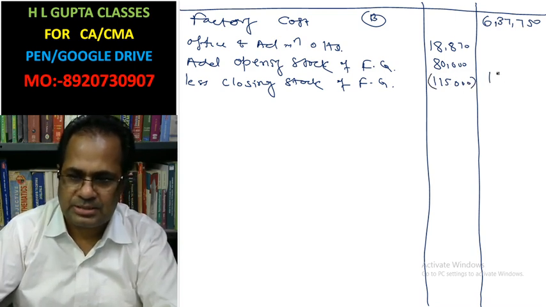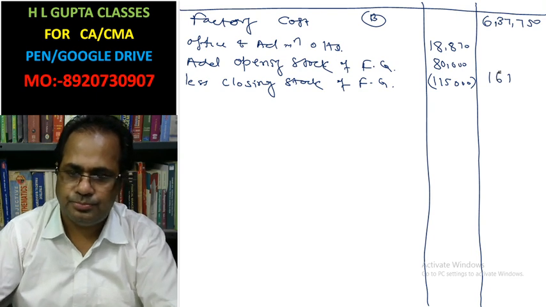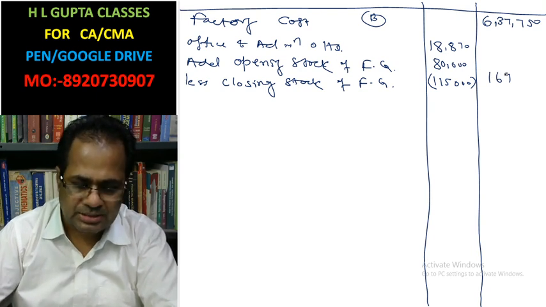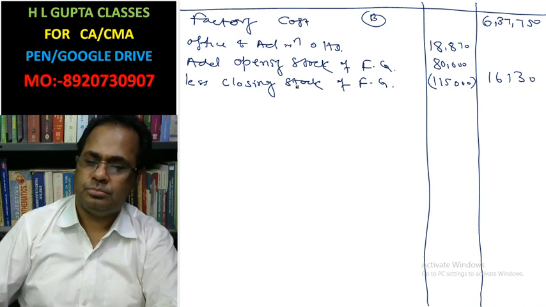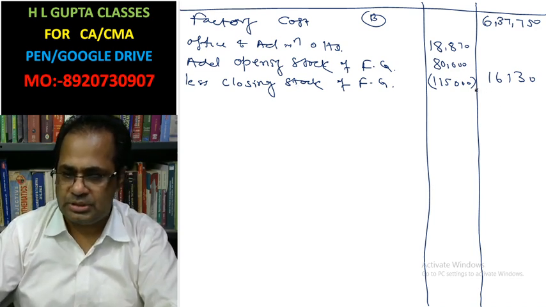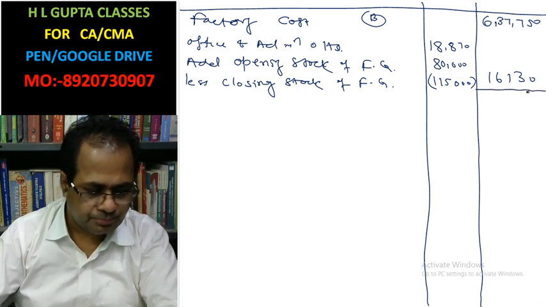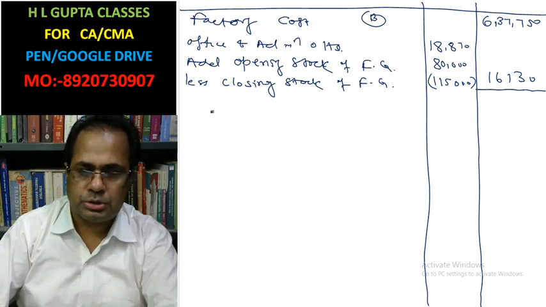Total 1,61,000. This is 16,130. This is cost of production. Cost of production.